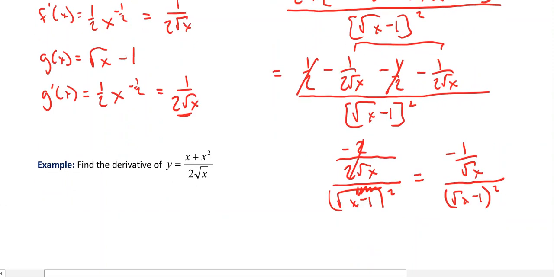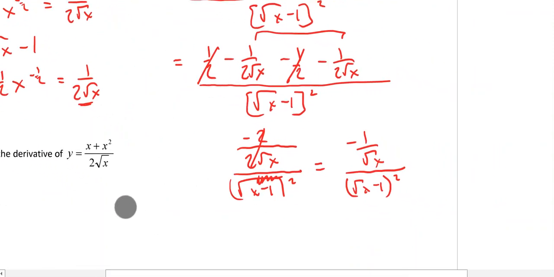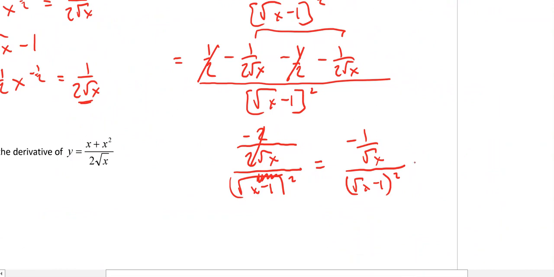And almost done. Let's move off to the right here a little bit. Let's simplify this. This is a complex fraction. This is all over 1. So we're going to take the numerator and multiply it by the reciprocal of the denominator.